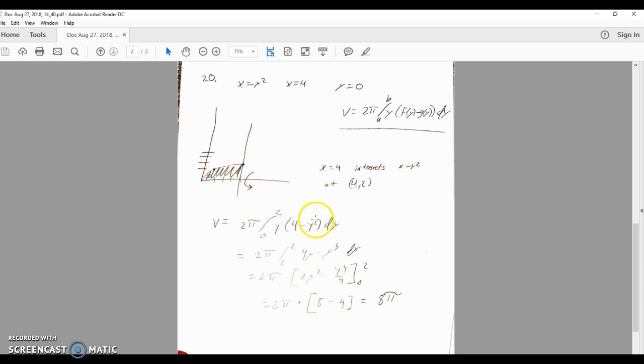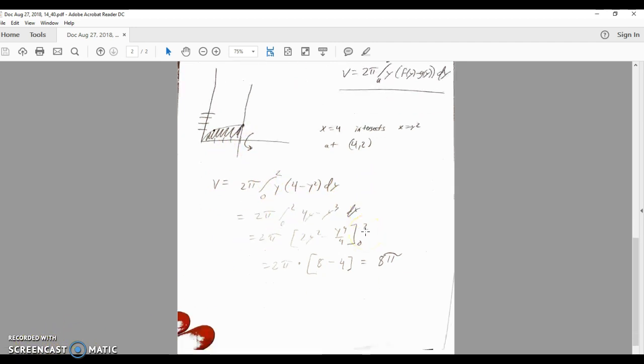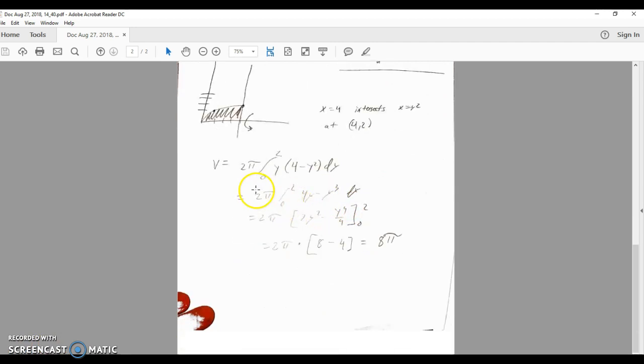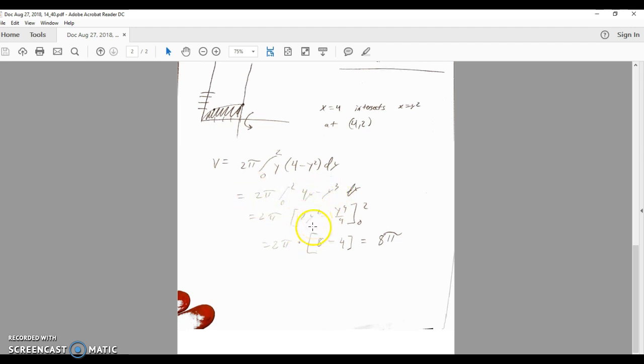And we're going to integrate y times (4 minus y squared) dy, from 0 to 2. That's our range on y. And you get 4y minus y cubed. If you integrate that, you end up with 2y squared minus y to the 4th over 4, evaluated from 0 to 2.